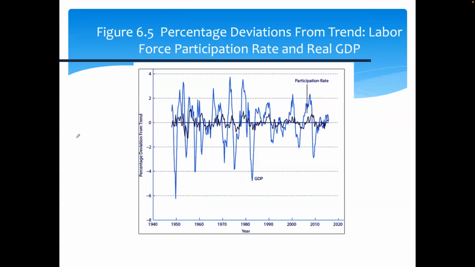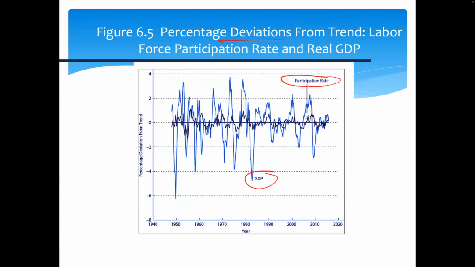Now, next one. By the way, just like we did earlier, this looks at the participation rate and GDP from a different angle. Again, this is a percentage deviation from trend. Now let's look at participation.